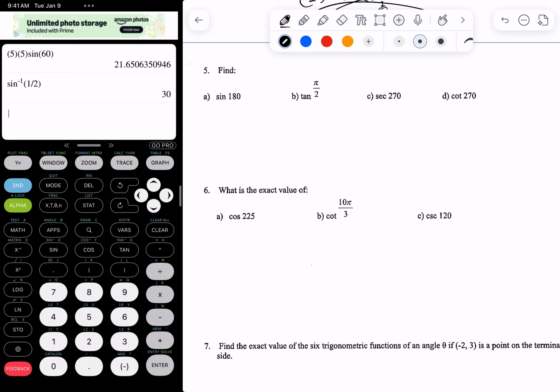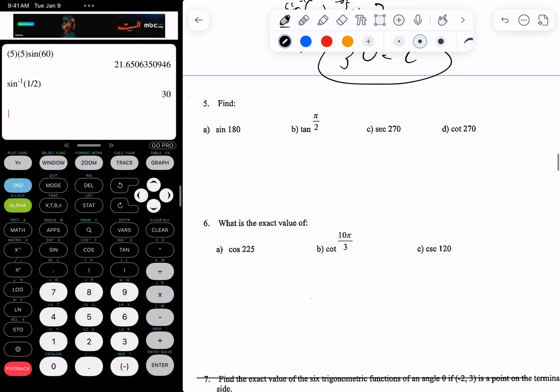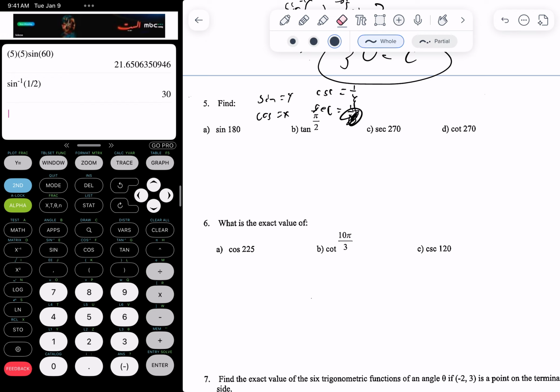Always know that sine is the y, cosine is the x, cosecant is 1 over sine, so 1 over y, secant is 1 over cosine, so 1 over x.